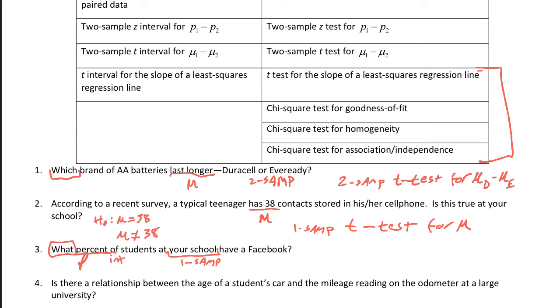I'm 95% sure that between 20 and 30% of our students have a Facebook. So this is a 1 samp z int for P, where P is the true proportion of students at my school that have a Facebook.